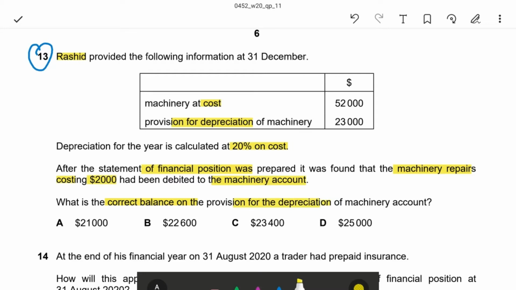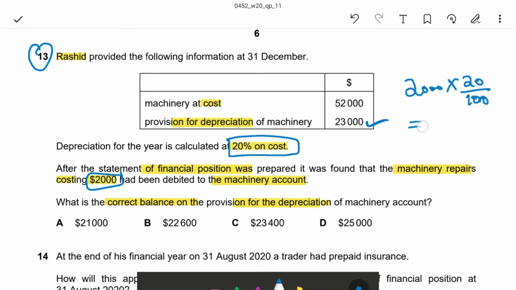The business calculates depreciation on the cost. So when the cost is overstated, provision for depreciation is also overstated. So depreciation on the 2000 cost is overstated here. To get the correct depreciation, we should remove the depreciation on 2000. 2000 multiplied by 20 by 100 is 400, overstated in the depreciation.